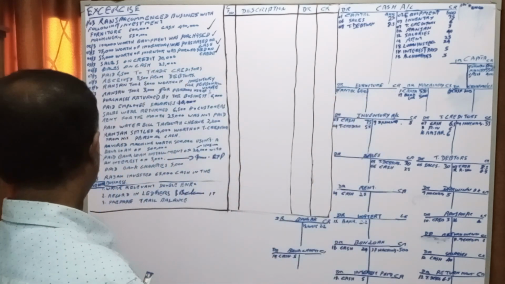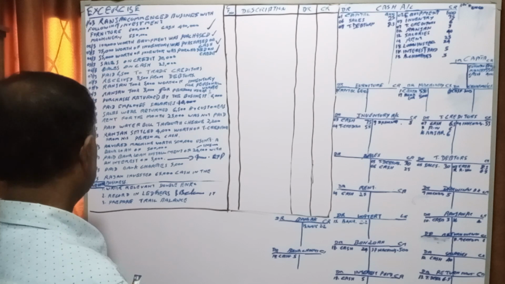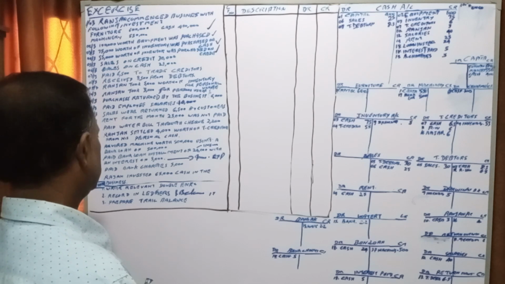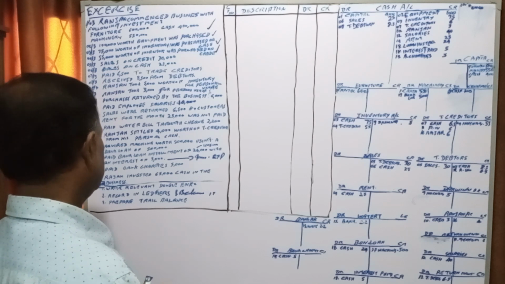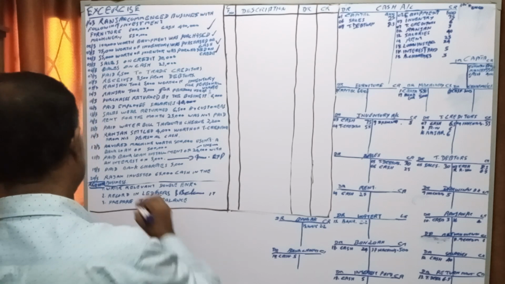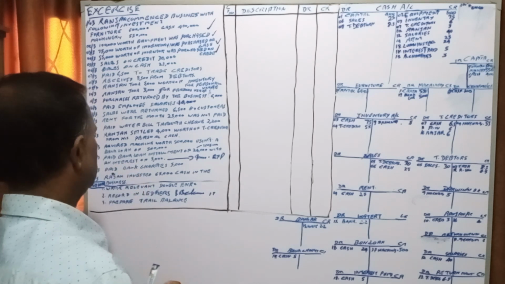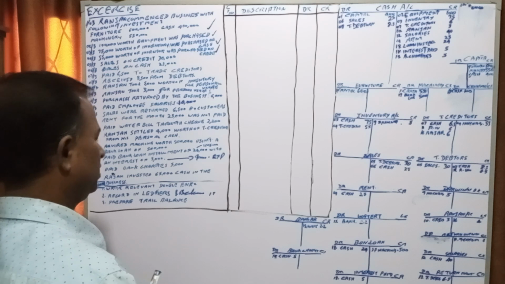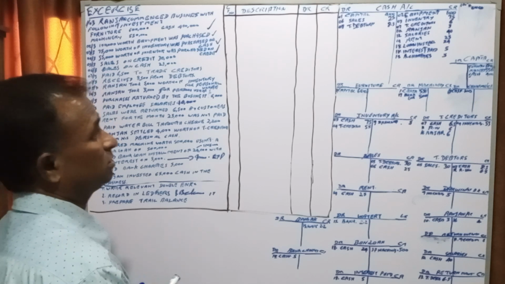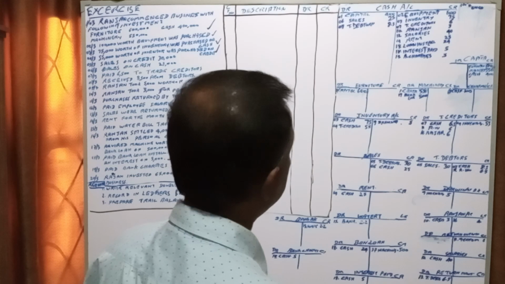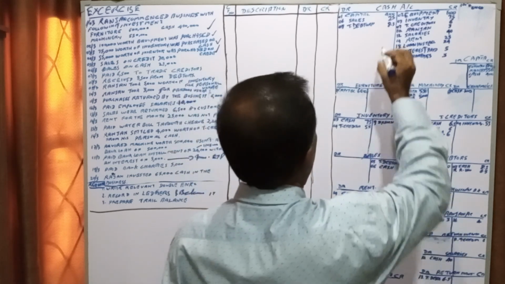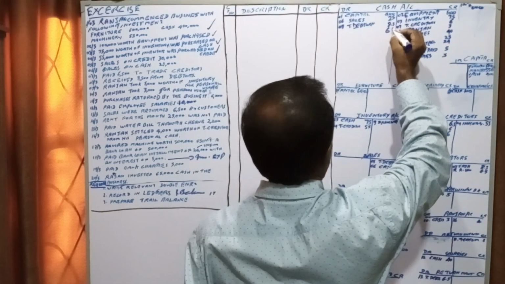Okay. On 20th March, Ranjan invested 65,000 cash in the business. So he's investing 65,000 into the business.